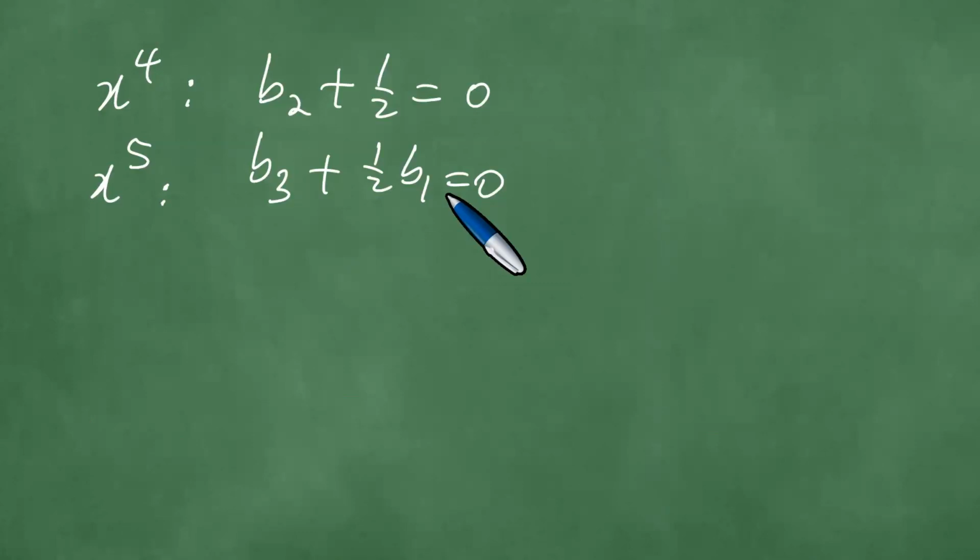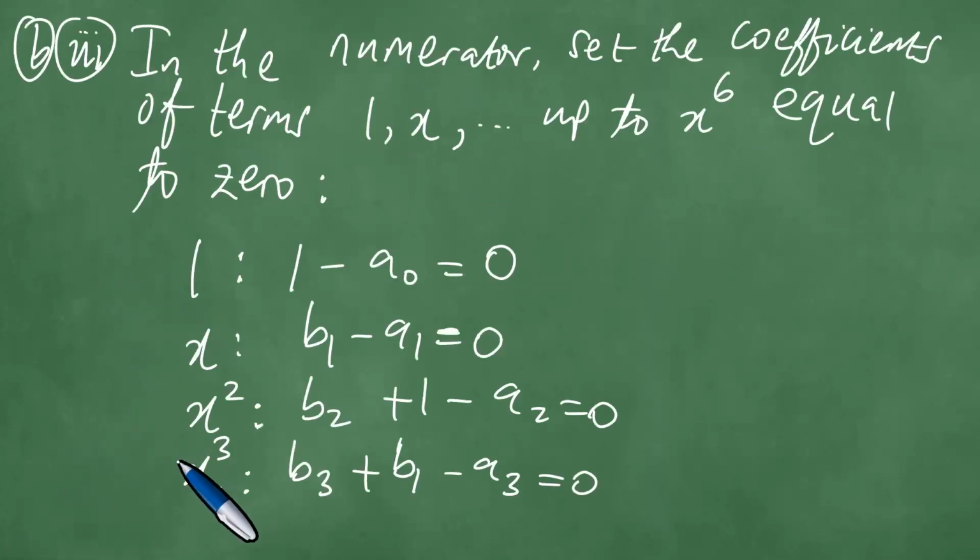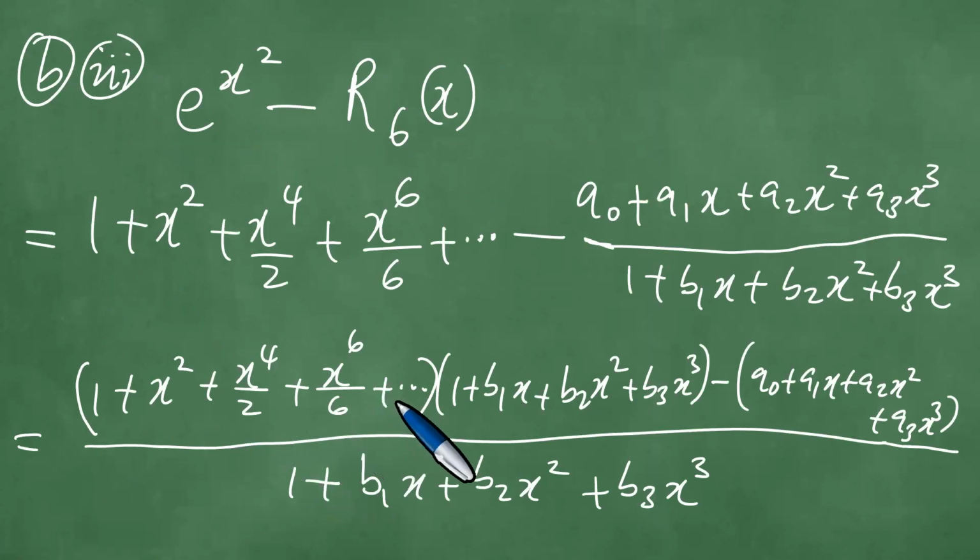Then let's look at x to the sixth power. X to the sixth power is going to be this one, 1 by this, which is x to the sixth power.